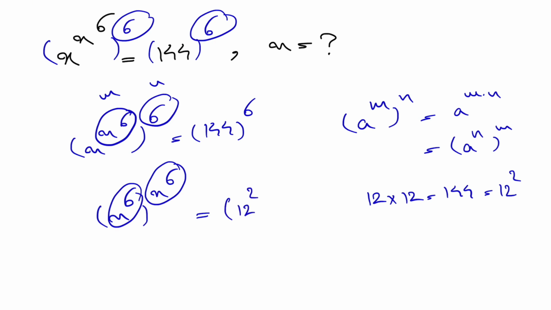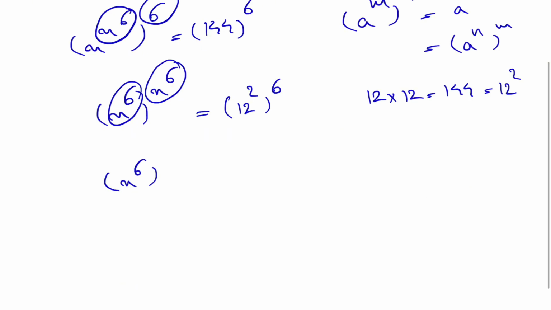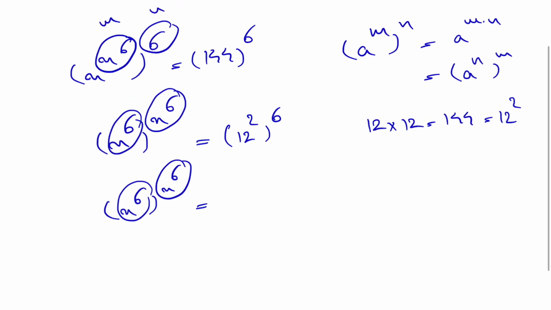12 to the power of 2 to the 6, and we have x to the 6. We're going to keep that the way it is, and we're going to try to find something on the right side of the equation where we have two terms that are similar, like here. We're going to use that law again.